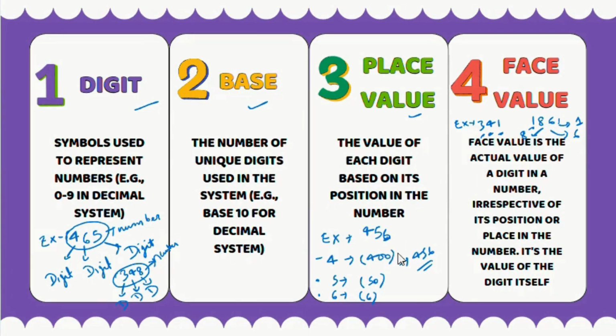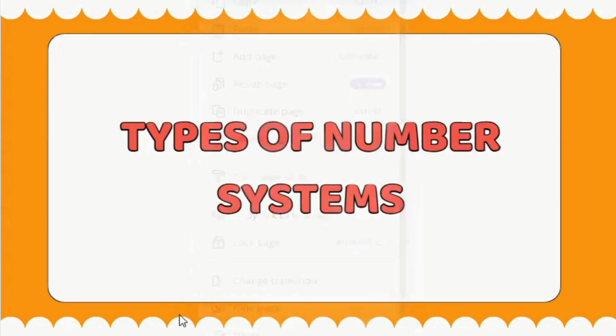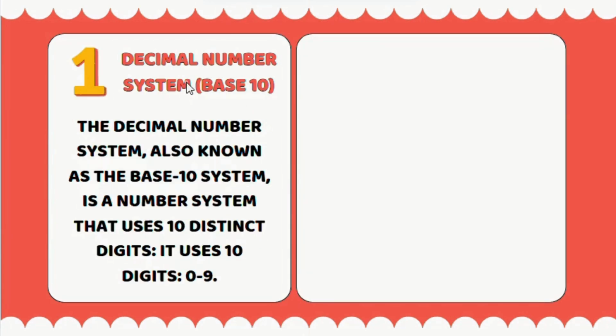So next, let's understand the different types of number systems. The first is the decimal number system. This has base 10. Why do we use base 10 here? Because this contains digits 0 to 9.